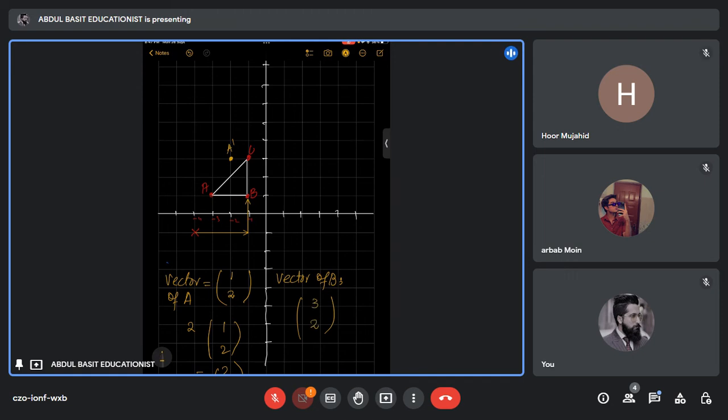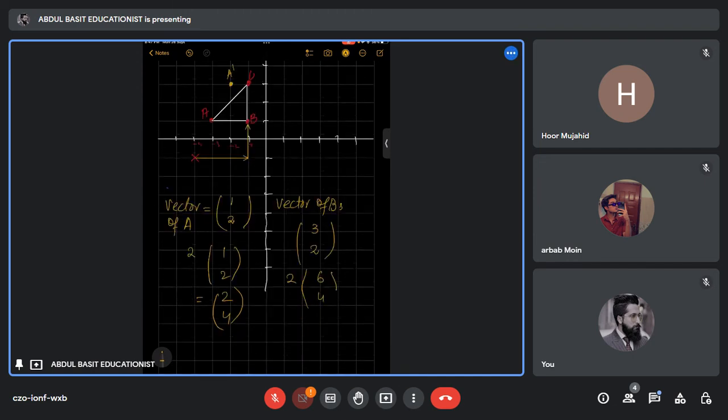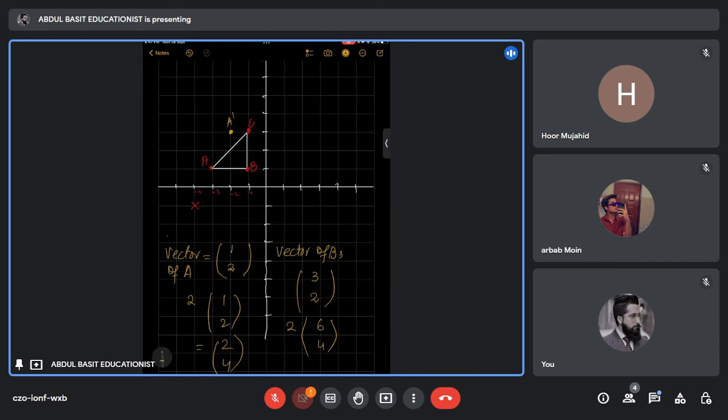So that's my vector. Now multiply the given vector by 2, the scale factor. So 2 3s are 6 and 2 2s are 4. Now I'm erasing these lines. We have the vector now because we need to plot point B dash.